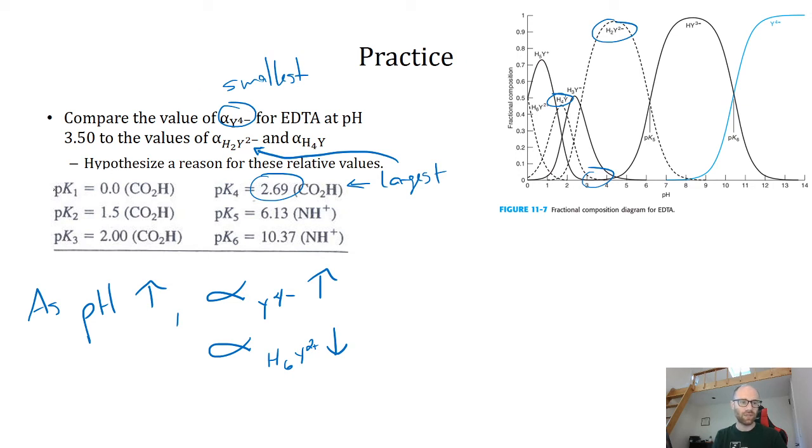So in between K1 and K2 is H5Y plus, and its maximum should be at about 0.75, which we see is about true. And then between 1.5 and 2, you know, that should be 1.75. And we should see a maximum for H4Y at about 1.75, which we do.